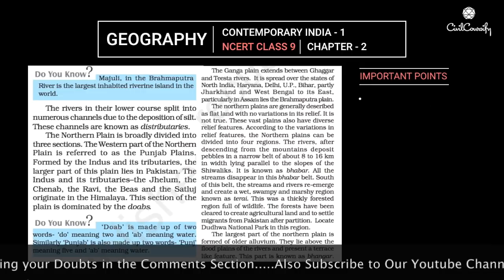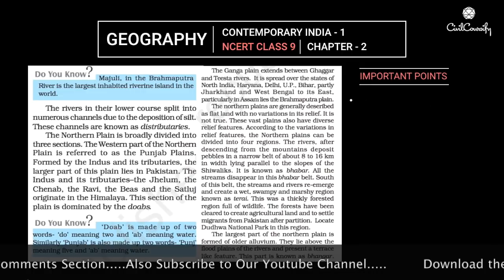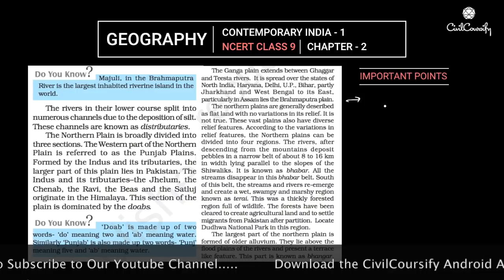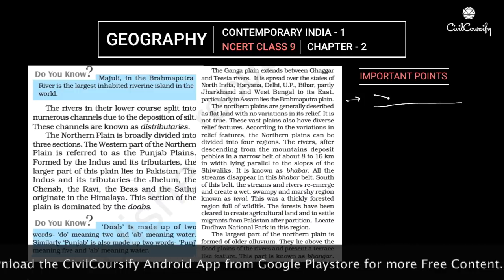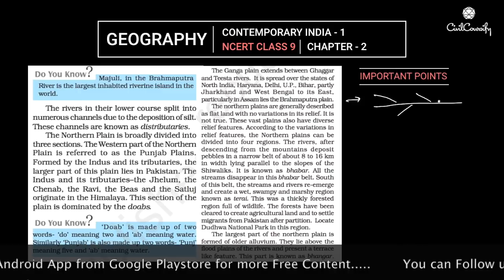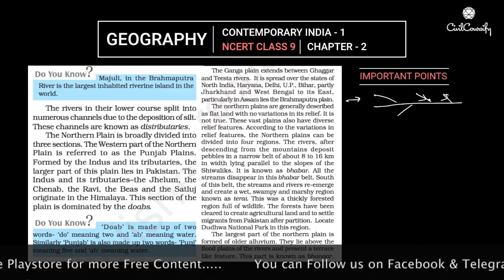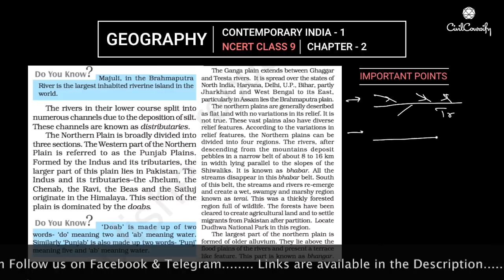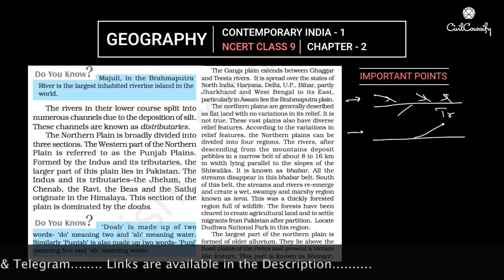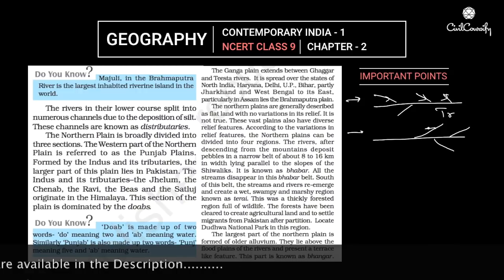Right, so some concepts related to the northern plains. The first one is the definition of tributaries and distributaries. If this is the river and these are smaller streams joining this river, these are its tributaries. The second case is when a river splits into smaller streams that go away from it; these are its distributaries.